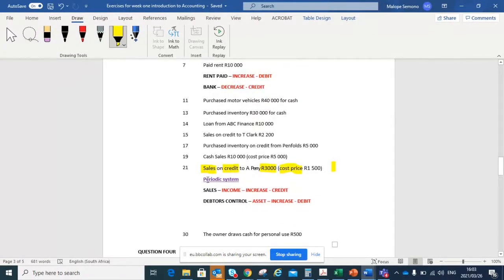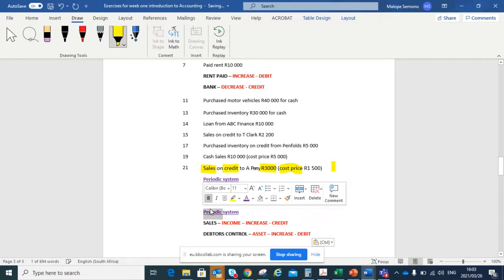Okay, so now what about perpetual? I'm going to show you perpetual for the same one, I'm just going to copy this one. Well, let me copy the whole thing. And then I'm going to show you what if we are under perpetual.